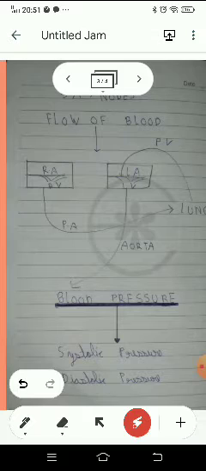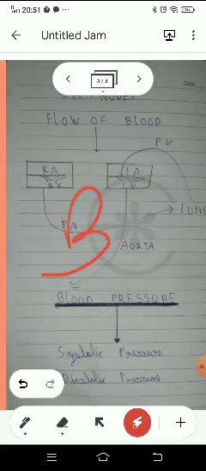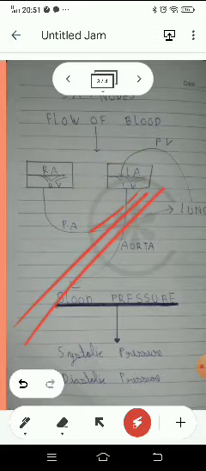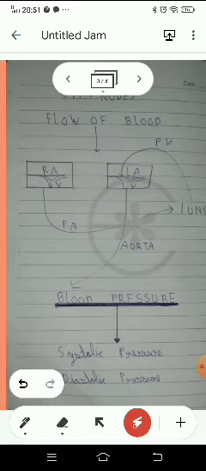Now, if I talk about pulse rate, when the left ventricle contracts, it pushes the blood into the arteries under high pressure, because of which the walls of the arteries get stretched. When the left ventricle relaxes, the pressure also comes down.